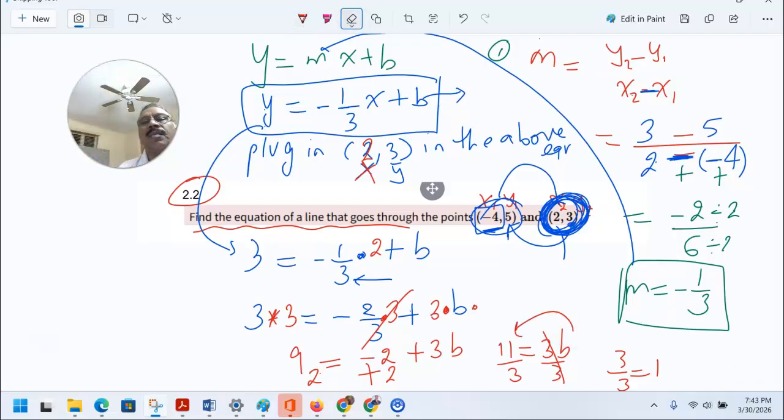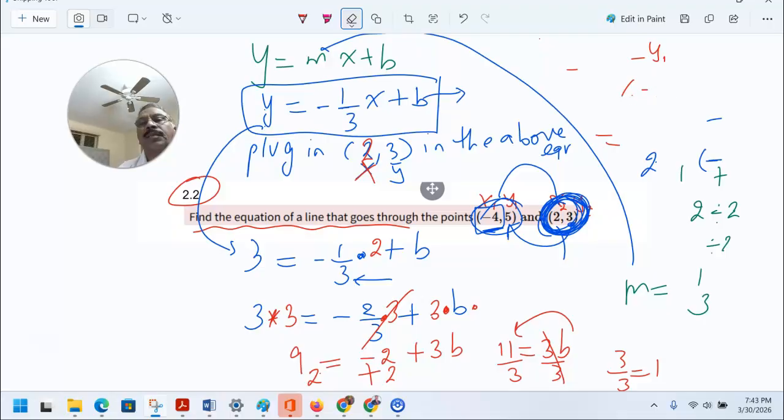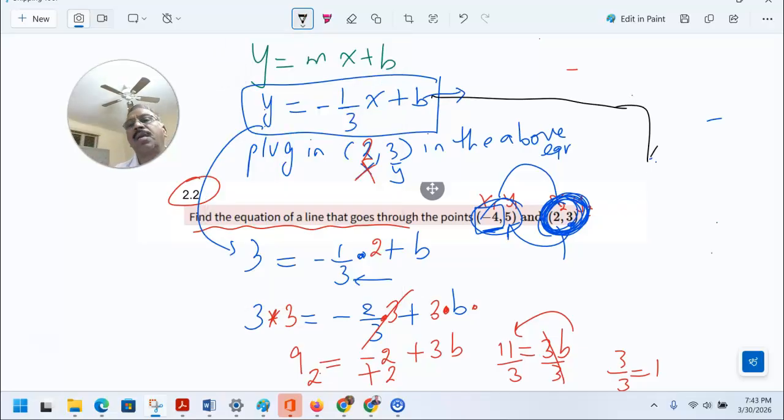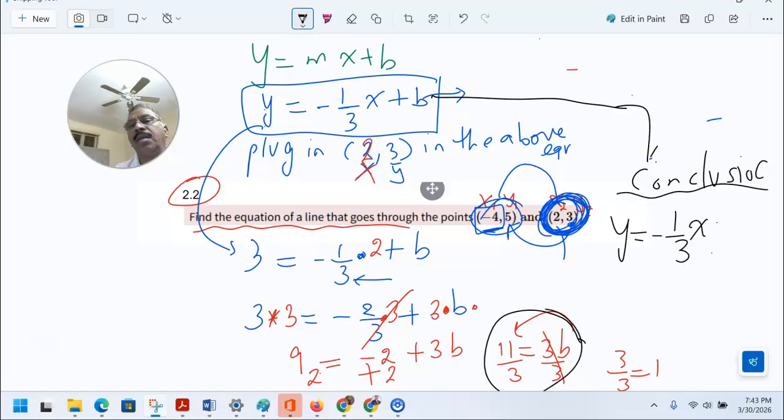So the equation now, this is the conclusion, right? This equation will be y equals -1/3 x, and now you got b is 11 over 3, so plus 11 over 3, and you're done.